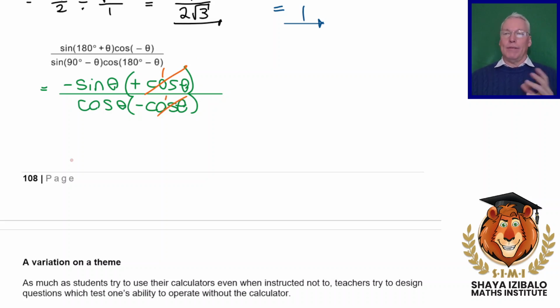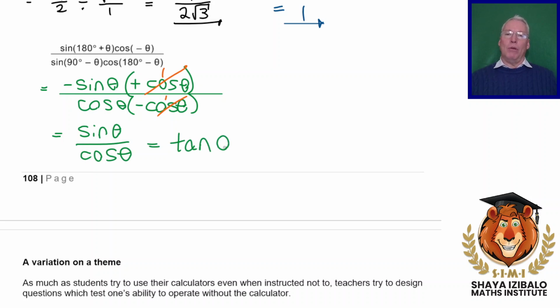We've got two negatives, so the final answer is positive, and we end up with sine theta over cos theta. Now, we haven't revised it yet, but we should remember from grade 11 and grade 10 that sine divided by cos is exactly the same as tan theta. We will revise that soon, okay? But for now, let's just accept that.